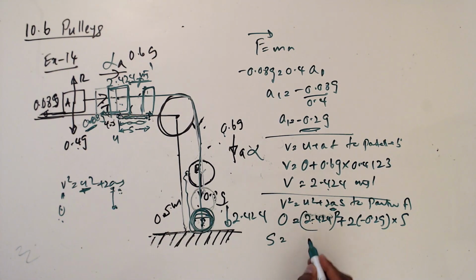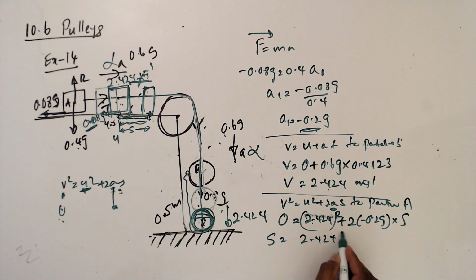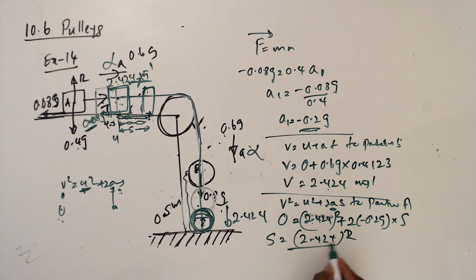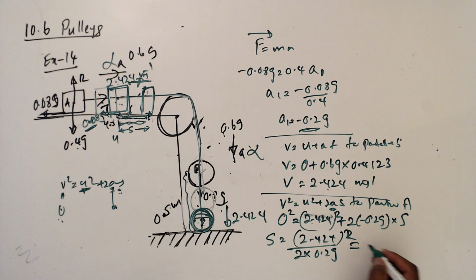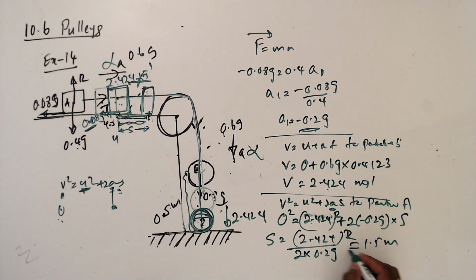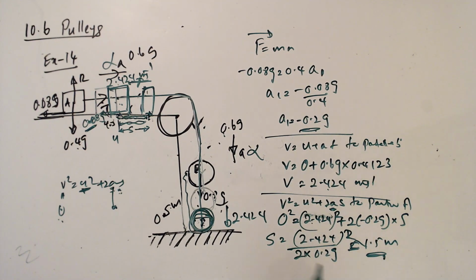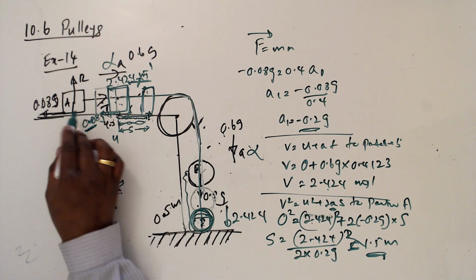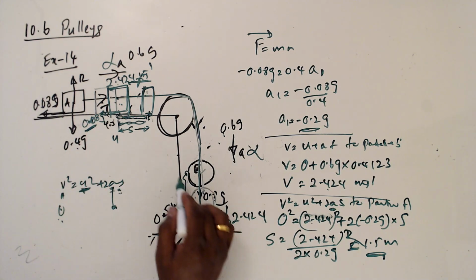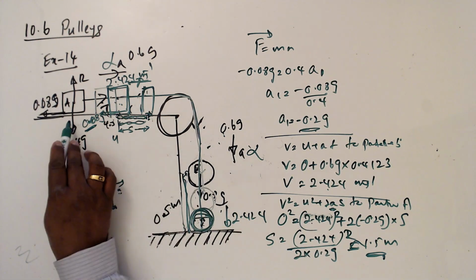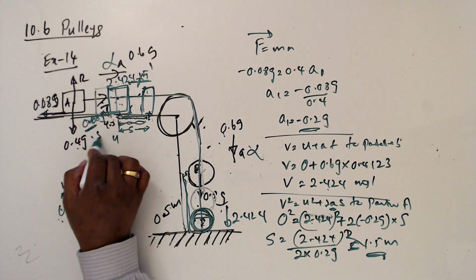So s equals 2.424 squared divided by 2 times 0.2 g. So this is going to be 1.5 approximately.